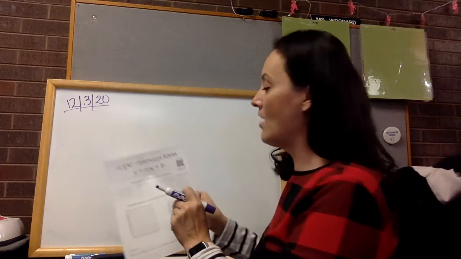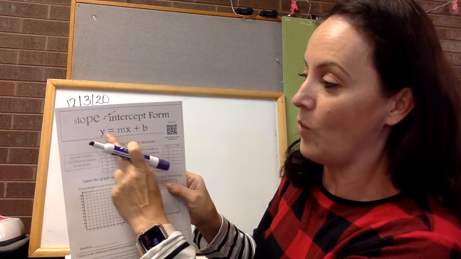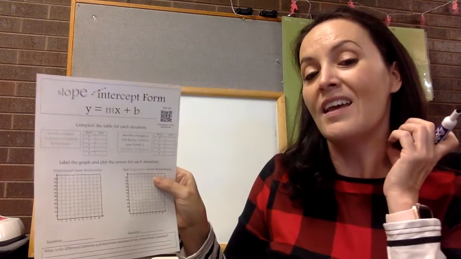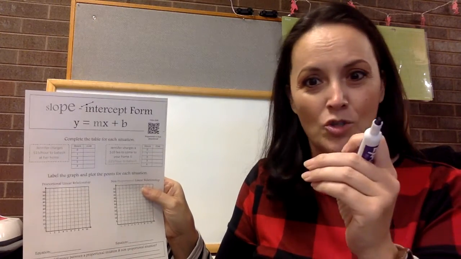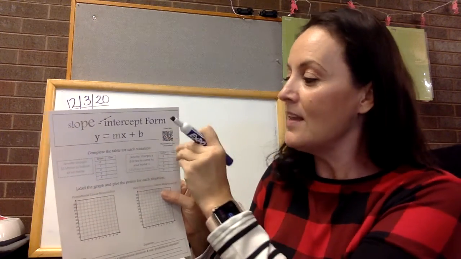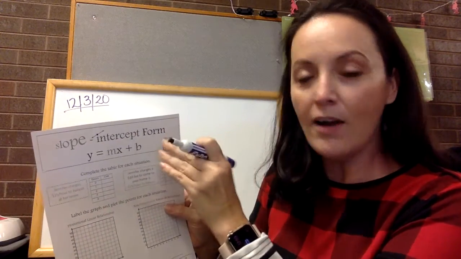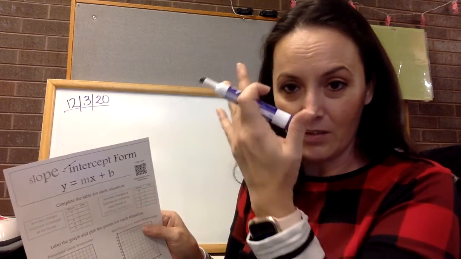At the top, it says slope-intercept form, written as y equals mx plus b. You also have a little QR code that links to the video, and it's also in Google Classroom. I think the best thing is to go under classwork and click the video and watch it.